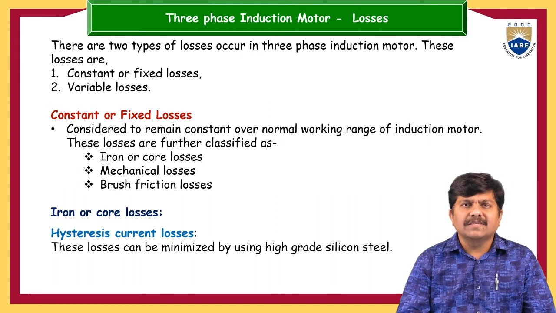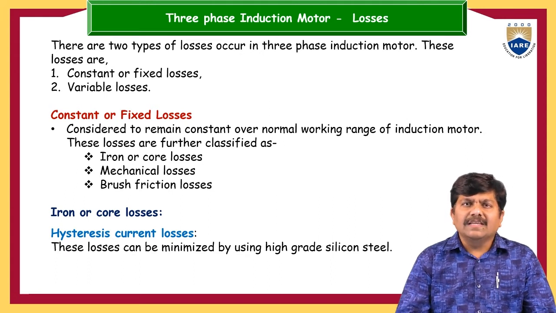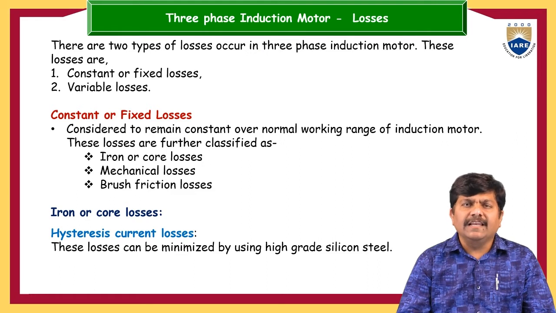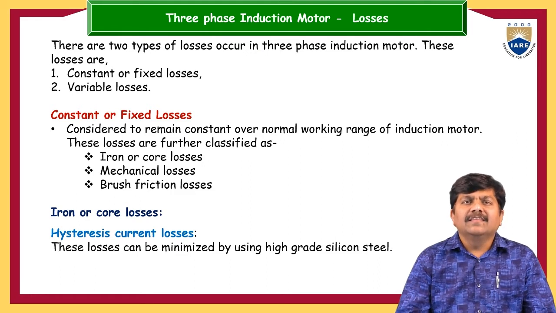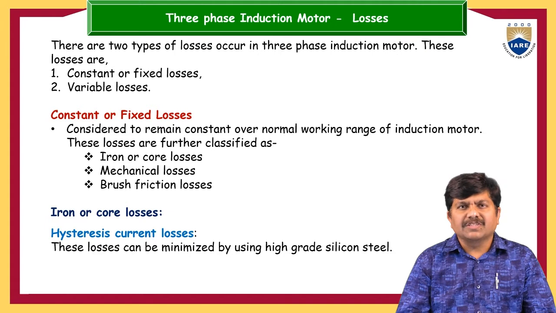All these things we have discussed in our previous videos as a part of transformers or DC machines. Even though, I am again going to touch on some basic points which are required for better understanding of these losses in the three-phase induction motor.